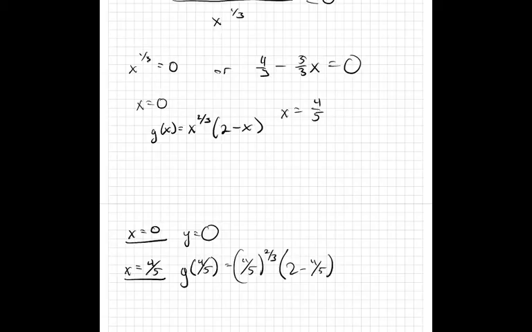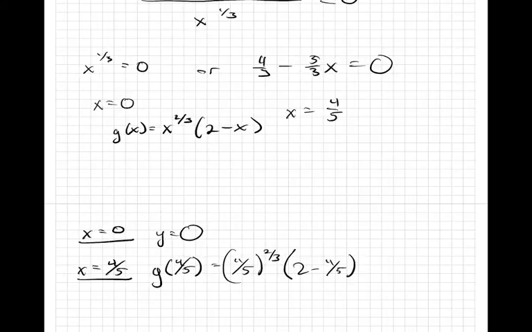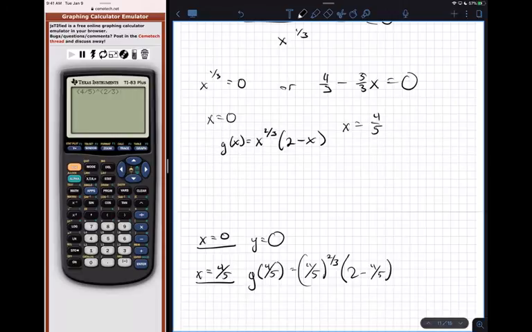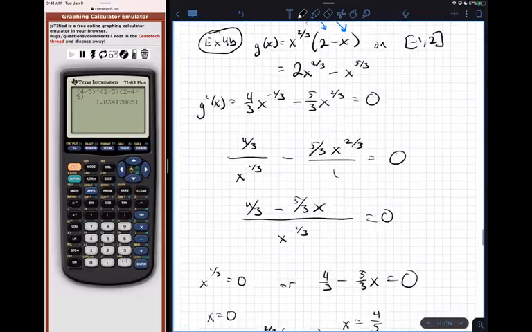Okay, so if we say 4 by 5 to the power of 2/3, let me show what I'm doing, times 2 minus 4 by 5, we'll get this. So this is approximately 1.0341, all right? We need to check the endpoints as well when x is -1.